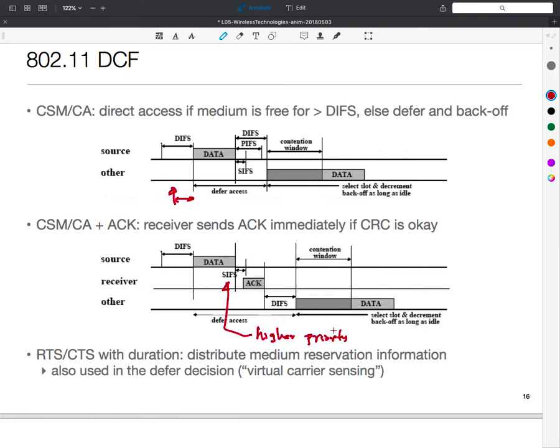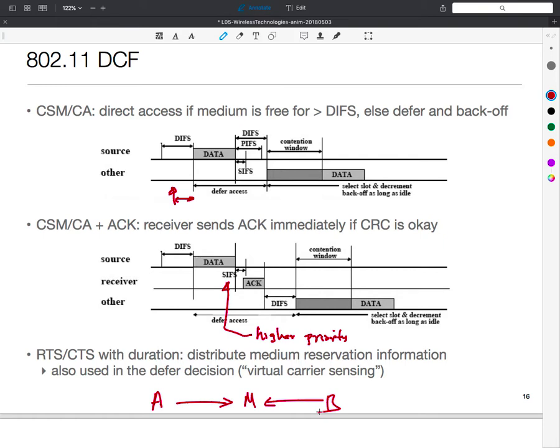So the situation we have is the following: A wants to send to me, B wants to send to me, and let's say I'm just at the fringes of the radio range. Now what will happen is A will sense the channel, and it will find the channel to be free because it cannot hear me, right? So it will go ahead and transmit, but I will see a collision.